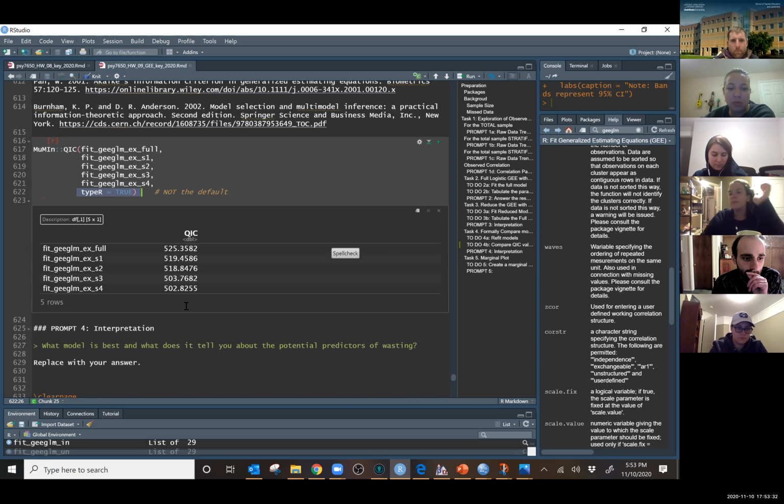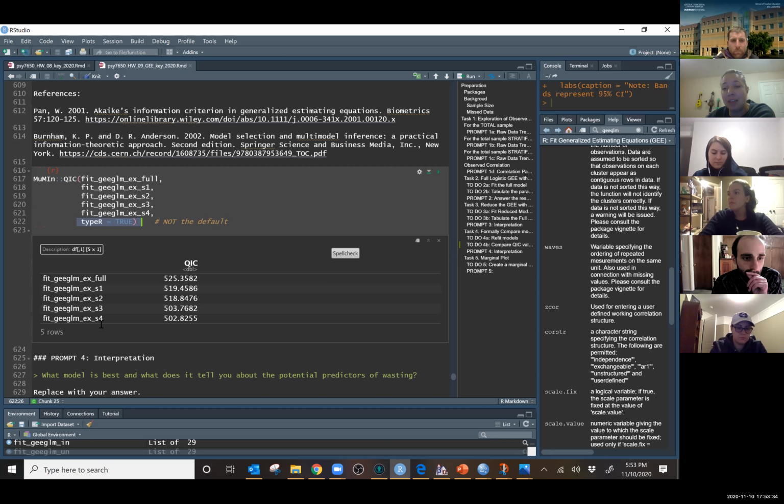But in this case, which model is the best? It ends up being the one that has pretty much nothing in it. And that QIC agrees with the Wald test. If you look at the p-values for each of the parameters, you never get any beta that's significant, no matter how you reduce it or what you add.